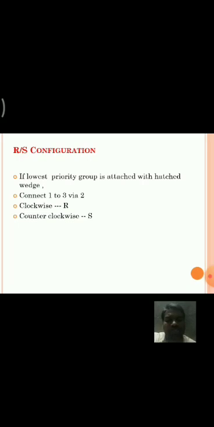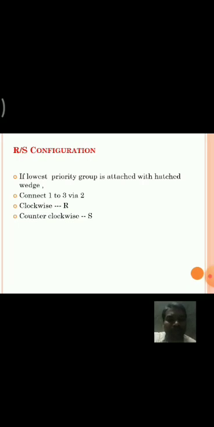In this wedge projection, see here, we should give configuration to the isomers by seeing that the lowest priority group is attached with hatched wedge, that means with the dotted lines.